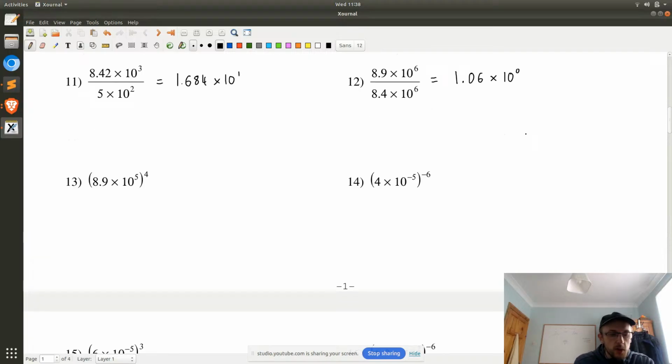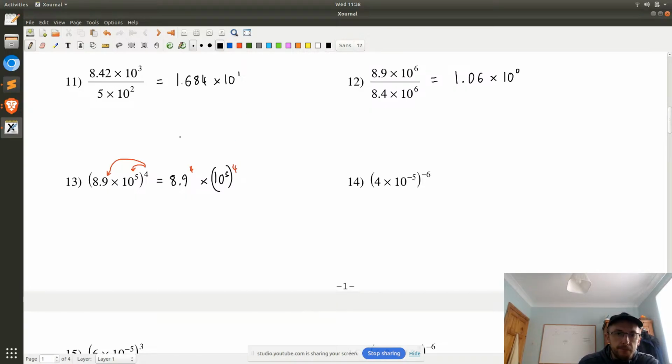Okay, now what to do about this? That 4 will be applied to the 8.9 and to the 10 to the 5. You will have to raise 8.9 to the power of 4 and 10 to the 5 to the power of 4.